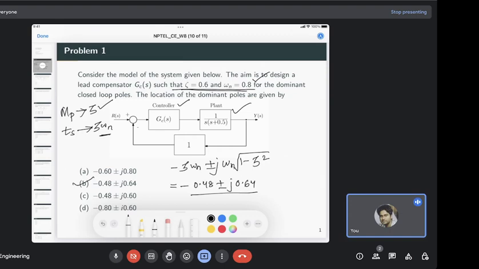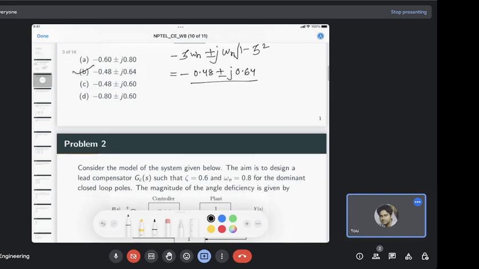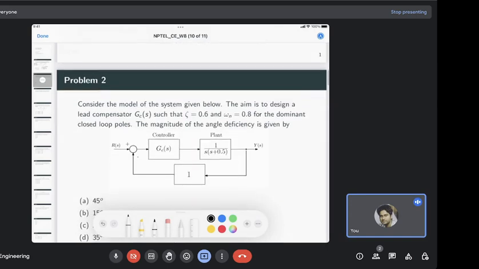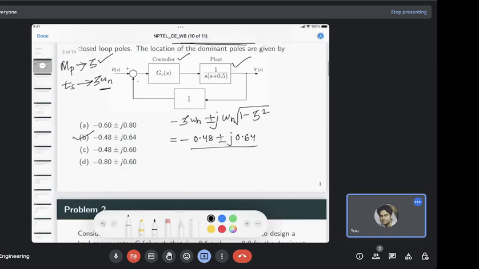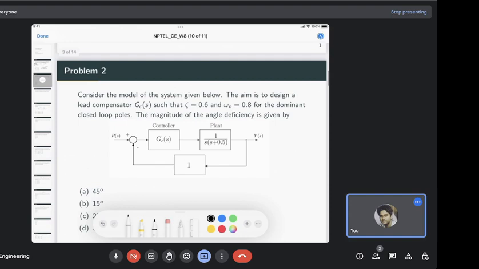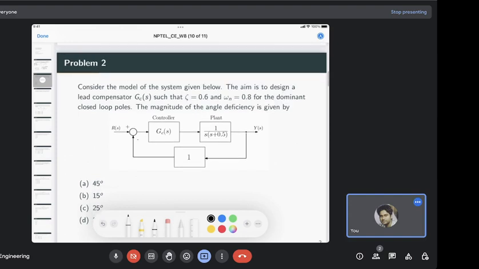So once we have this dominant pole location, now we want to verify whether, through a simple gain adjustment, we can have this dominant pole location on the root locus. The idea to verify this is whether the angle contribution of all these open loop poles and zeros to this dominant pole location is minus 180 degrees.